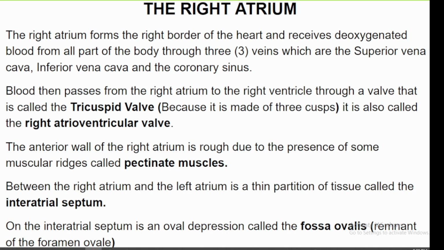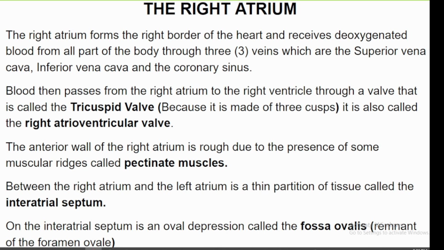Then we have the inferior vena cava. The inferior vena cava collects blood from all those parts that are below your heart. So from your chest wall downwards, all those areas to your leg. The blood vessel that collects the deoxygenated blood into the right atrium is the inferior vena cava.